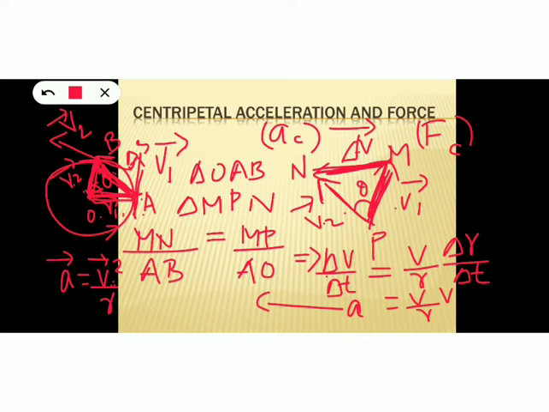Hence, this acceleration is known as centripetal acceleration, that is AC. So, what is the expression for centripetal acceleration? Centripetal acceleration AC is equal to V square by R.